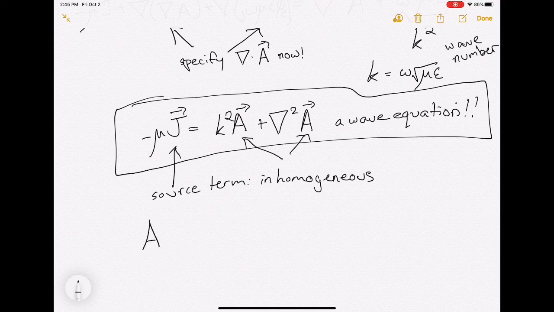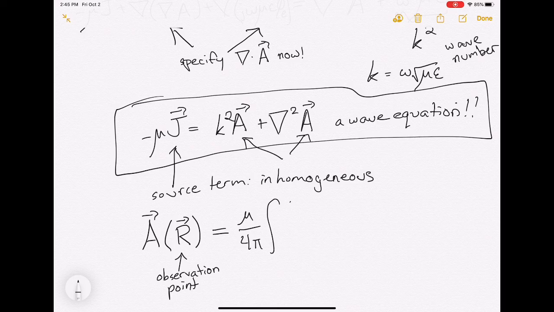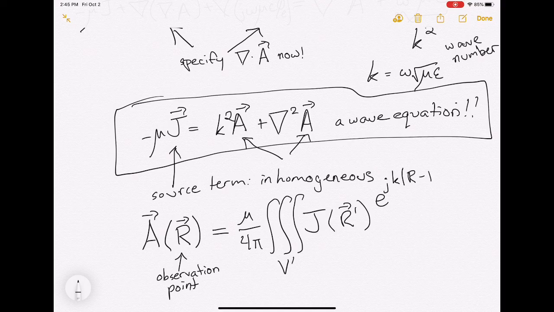But the solution for this, in spherical coordinates, is that the magnetic vector potential at some observation point r is equal to mu over 4 pi, some nice constant terms, times a volume integral over the extent of our sources times a phase term divided by a geometric space loss term.